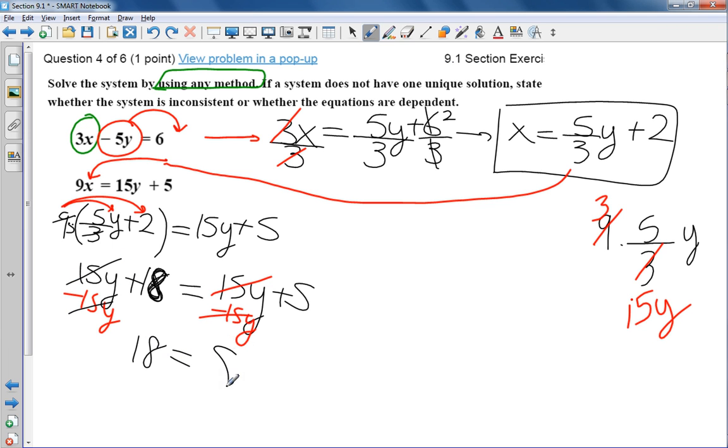And this is a great day. Take out your cell phones and take photos because we're just proving something magnificent here. We just proved 18 is equal to 5. Nobody will believe us, right? That means this equation is nonsense, of course, impossible.